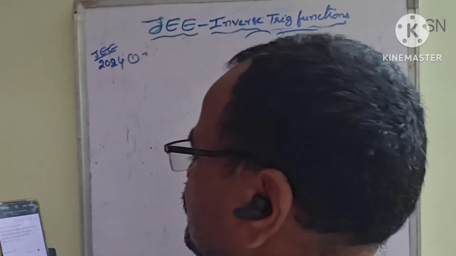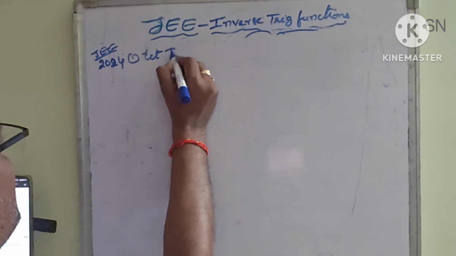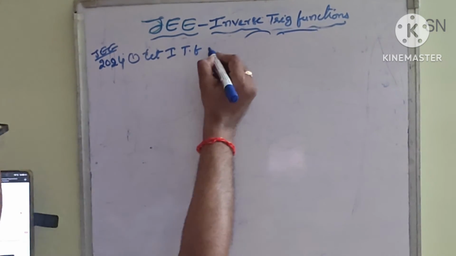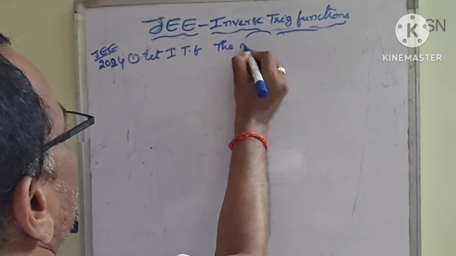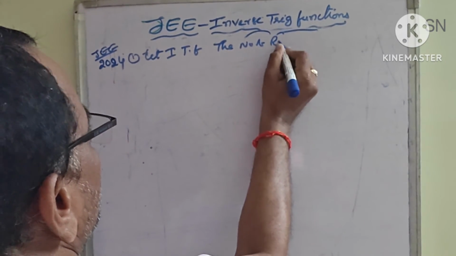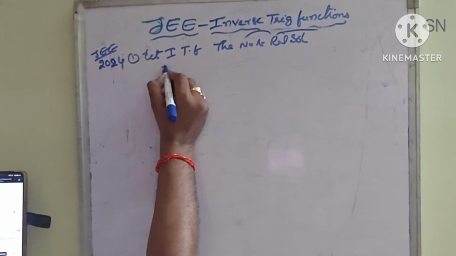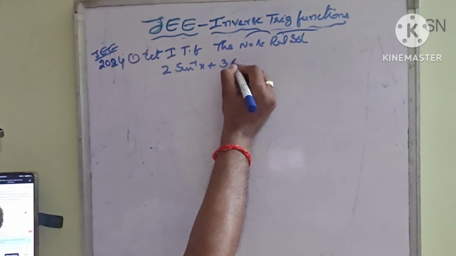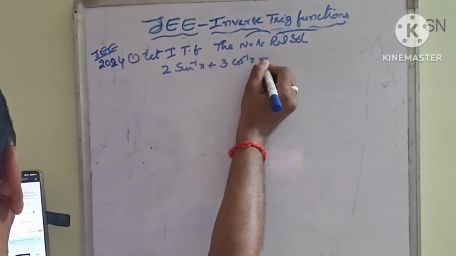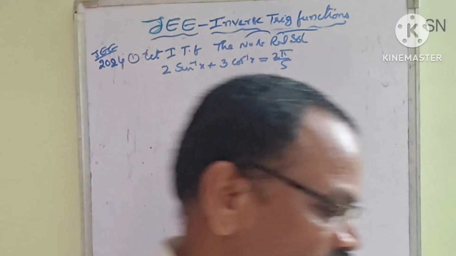Now 2024: let the inverse trigonometric functions take principal values. The number of real solutions of the equation 2 sin inverse x plus 3 cos inverse x is equal to 2 pi by 5 is.